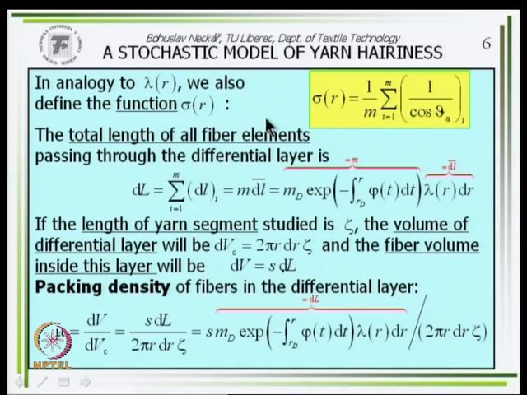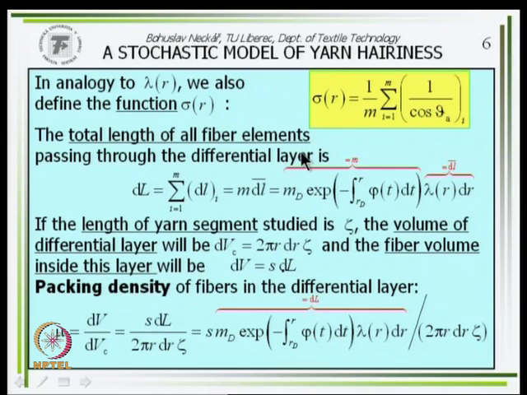Let's similarly define another function, sigma r. It is similar to the earlier equation, but here is the angle theta a. So it is the arithmetical mean of all reciprocal values of the angles theta a over all fibers in our differential layer.